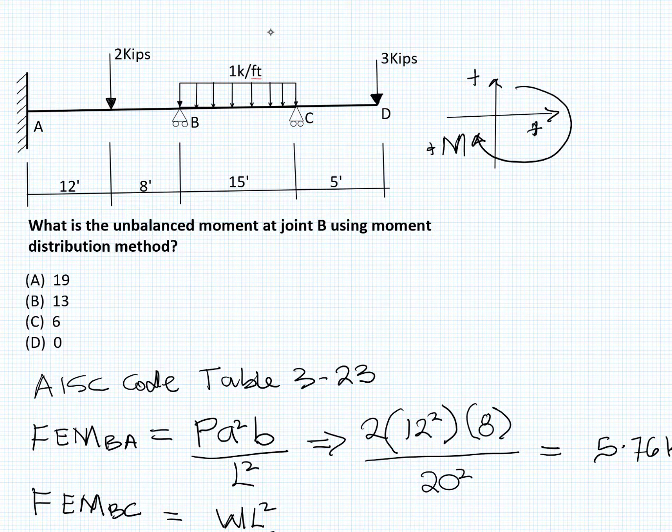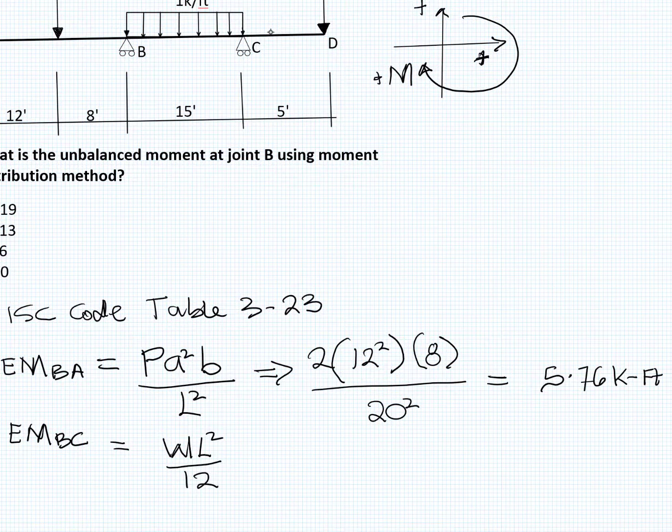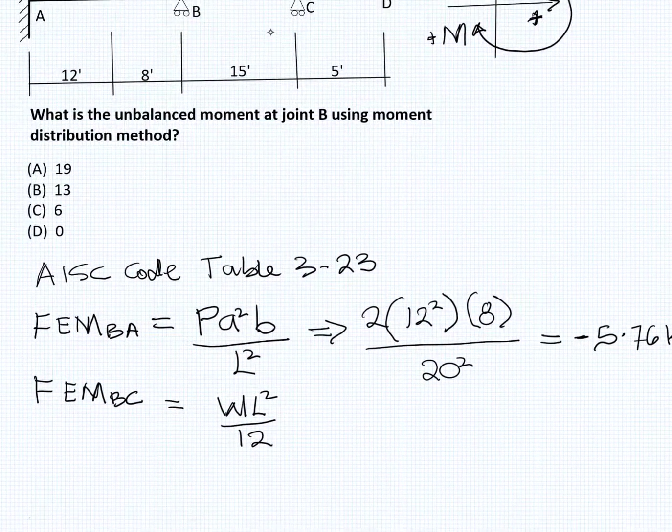So this force is making a counterclockwise rotation about B, and that will make it negative. So this is a negative sign here. Okay, so that is done.